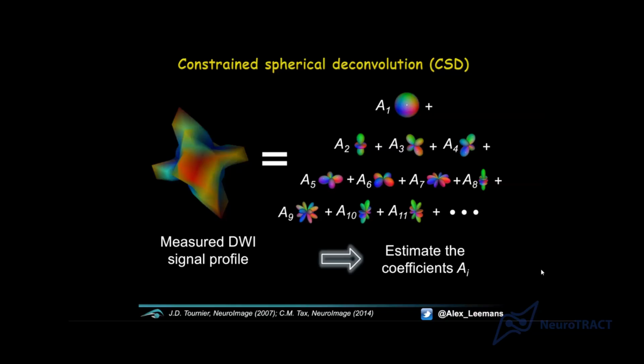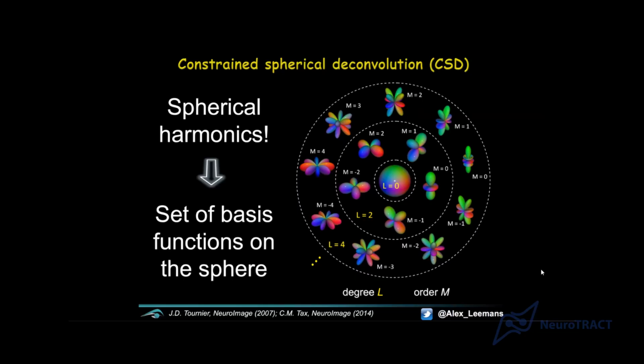As with many basis sets, you need to define a threshold, like in Fourier analysis, where you would say sines and cosines up to a specific frequency, and then you cut it off. The same holds with these spherical harmonics. This is what I wanted to show you with the m1, m2, m3, and all the different l's, like l is 0, 2, 4.